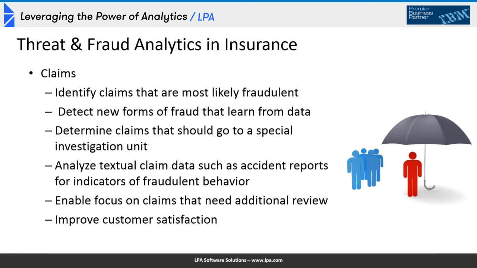Package all of that, and you can improve customer satisfaction and loyalty by making sure that you're focusing only on those claims that are problematic, not those from your customers that are most unlikely to be fraudulent at all.